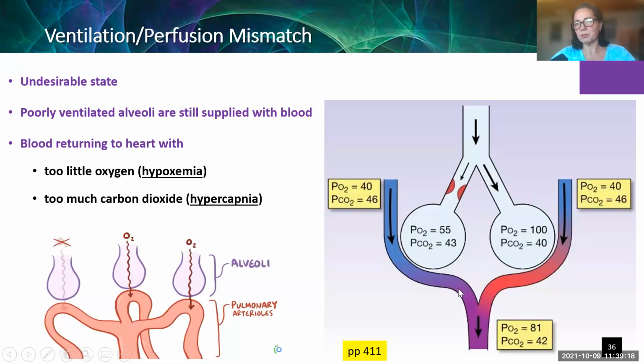So that's where the purple color comes in. And so what ends up going back to the heart is a mixture of these bloods. So it's not as well oxygenated as you could have if you had limited the blood that's going by this poorly ventilated alveolus. All right, so that's the so-called ventilation perfusion mismatch.